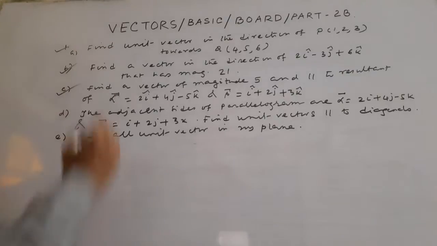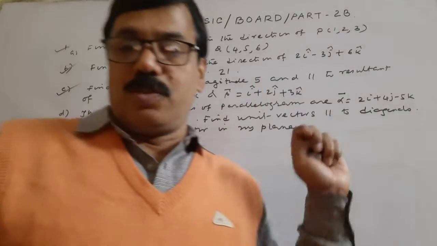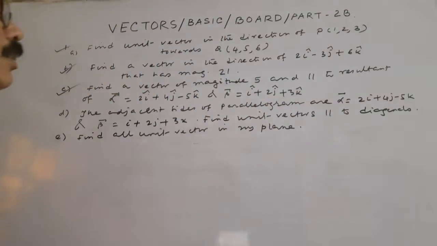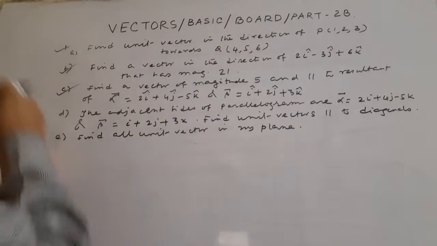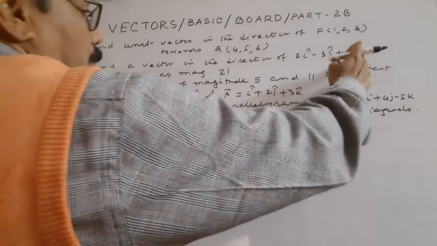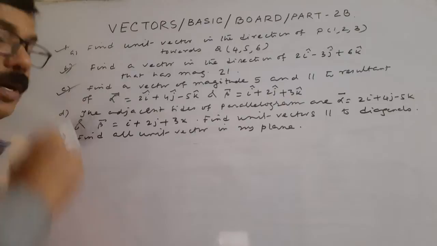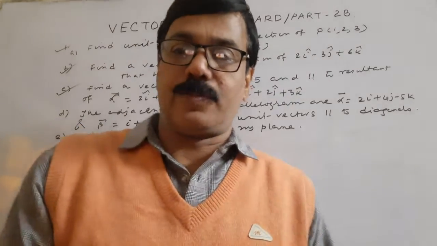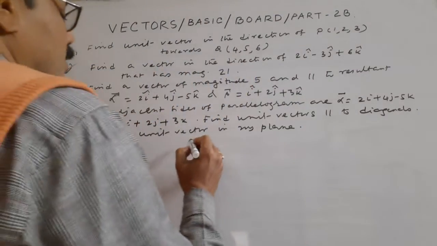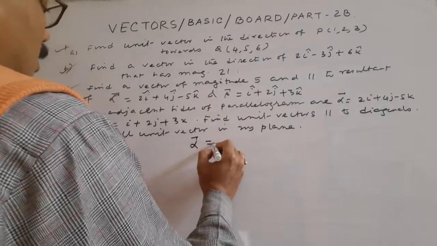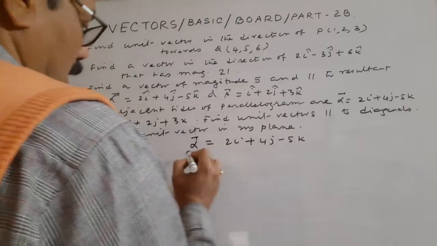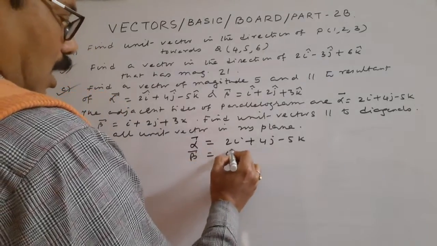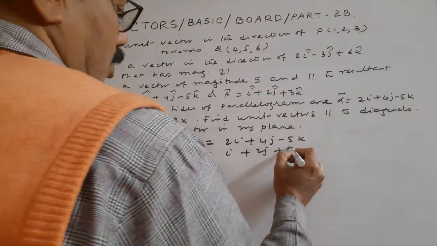Then see, find a vector of magnitude 5 and parallel to the resultant of alpha and beta. So alpha is given. What is alpha? 2i plus 4j minus 5k, and this is beta, i plus 2j plus 3k.